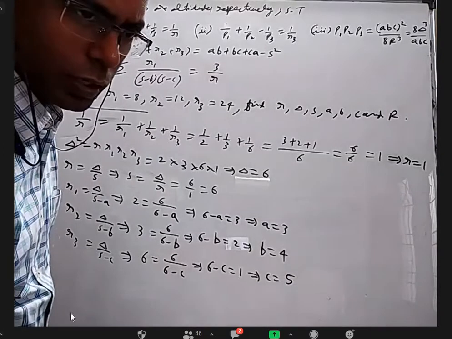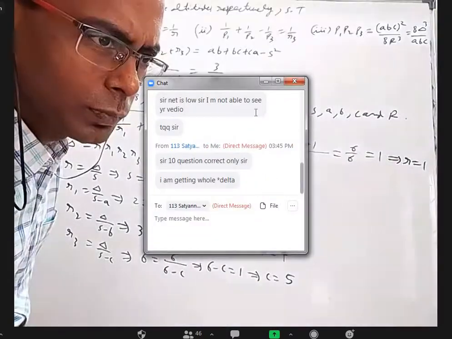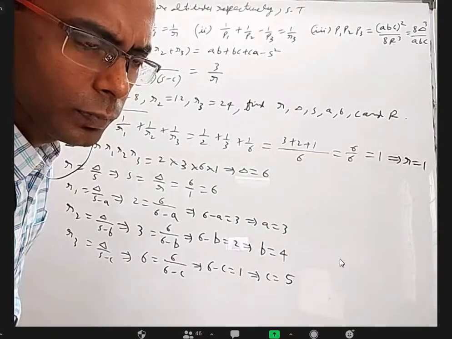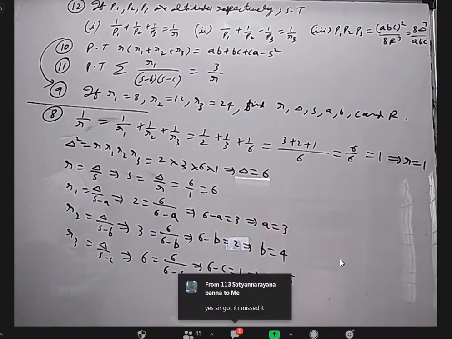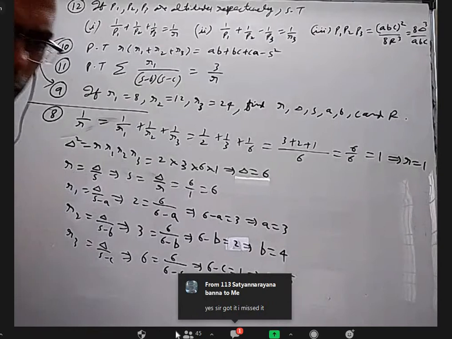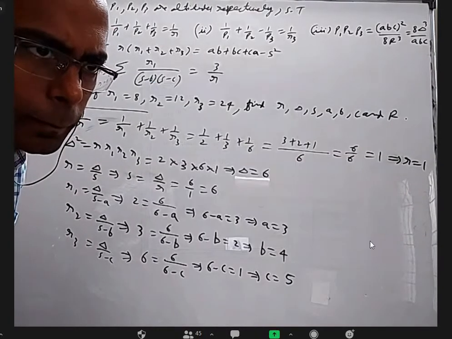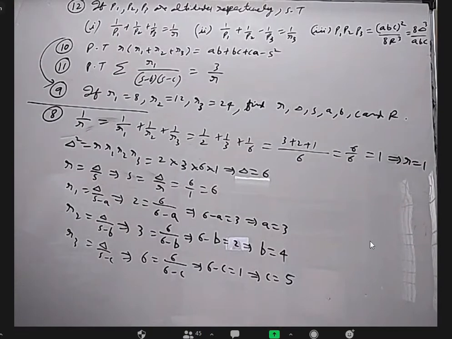It is r into r1 plus r2 plus r3. So these are not much theoretical. There are some 4 formulas and other formulas are just based on those 4 or 6 formulas.